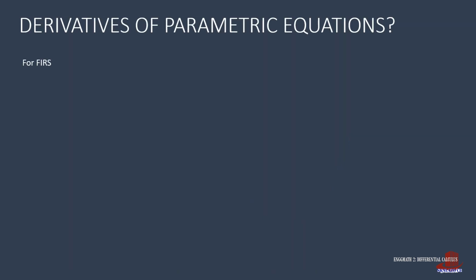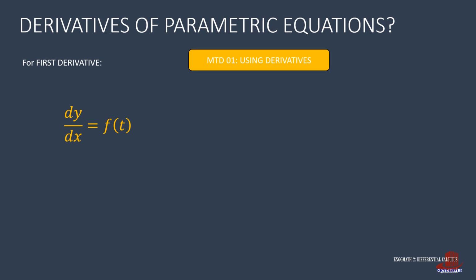How about taking the derivative of parametric equations? How do we come up with the first derivative, which is dy over dx, when the functions are in terms of t? There are two methods we can come up with the derivative. First is through derivatives. Having two functions, x and y, take the individual derivative of each function.